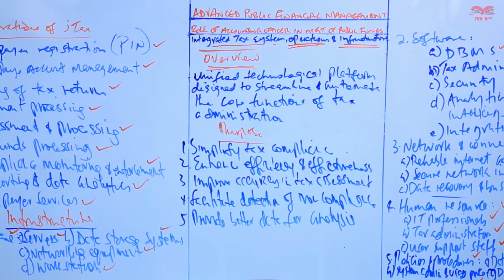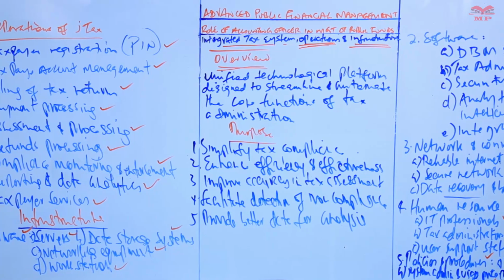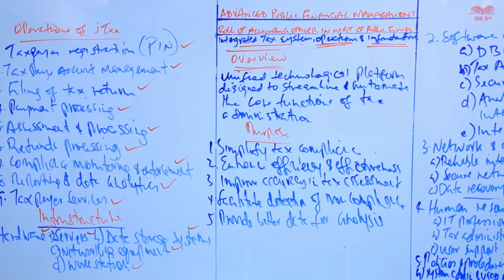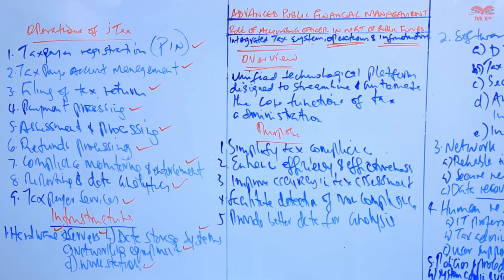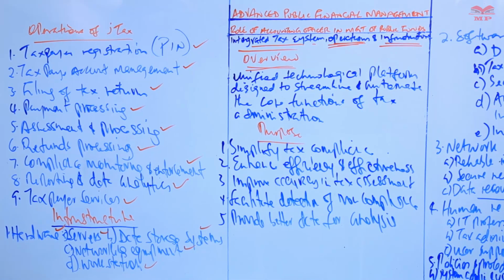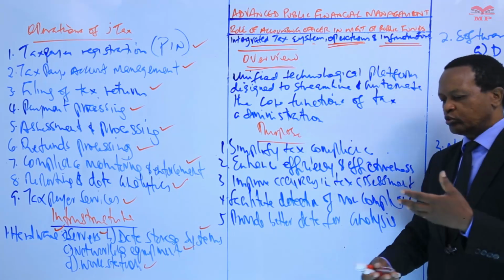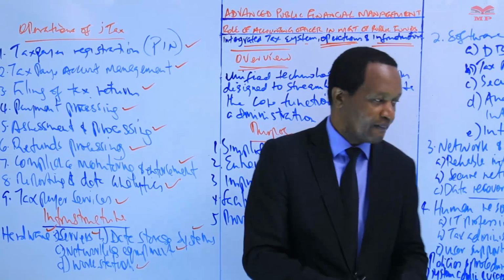Its effectiveness relies heavily on the continued development and maintenance of the underlying technical infrastructure, the capacity of the personnel operating it, and also the ongoing efforts to enhance user friendliness and security for all the taxpayers.